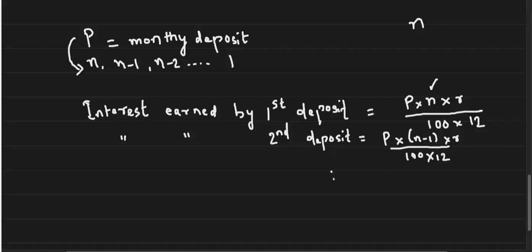So on, if you go until the last deposit, this last deposit yields interest of P into 1 into R, PR by 100 into 12. Got it?